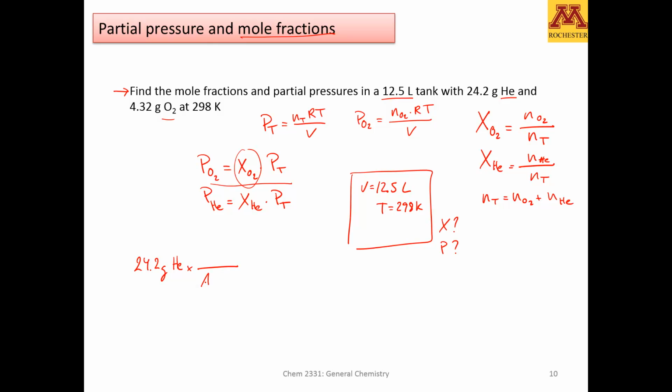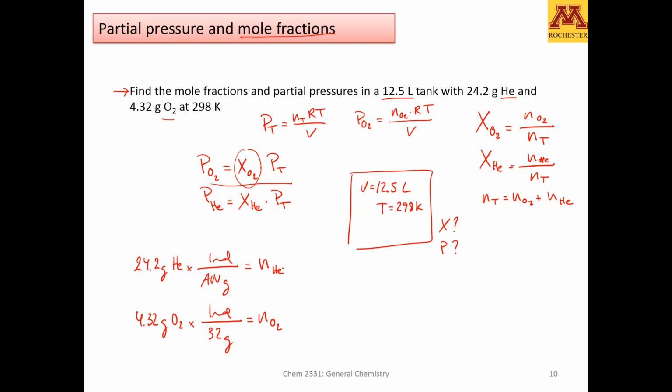Here you would put the atomic weight of helium, grams per 1 mole, and for the 4.32 grams of oxygen, you would put the molecular weight, which I remember off the top of my head. This would give moles of helium and moles of oxygen, which are numbers that we know.